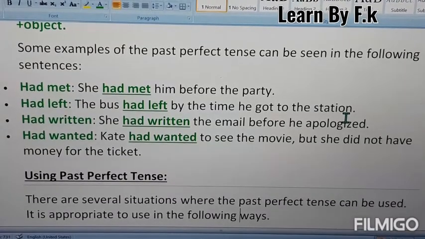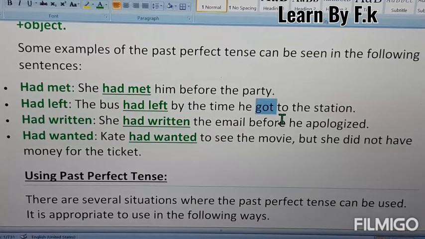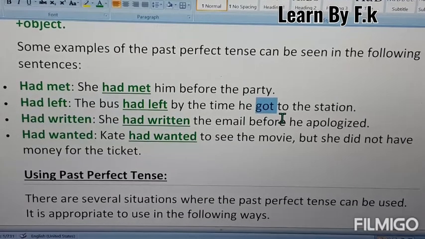So the first previous or older activity in this sentence is the bus had left. This is the past perfect tense. And the second sentence shows you the past simple tense, that he got to the station.